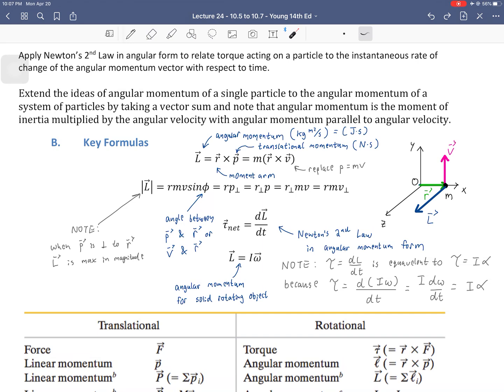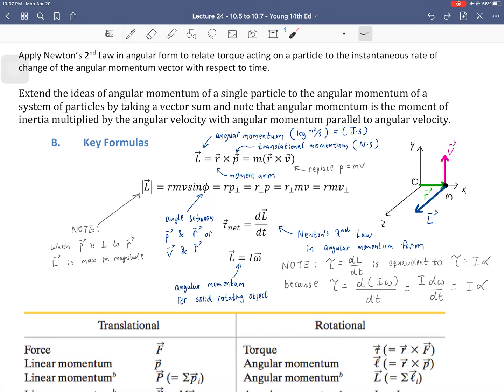Now, one of the other big roles angular momentum plays is in redefining Newton's second law. This is the fourth and last time we'll see Newton's second law in this class, and this is Newton's second law in the angular momentum form. It's a rotational form of Newton's second law, but instead of tau equals I alpha, the angular acceleration version, it's tau net equals the first time derivative of angular momentum.